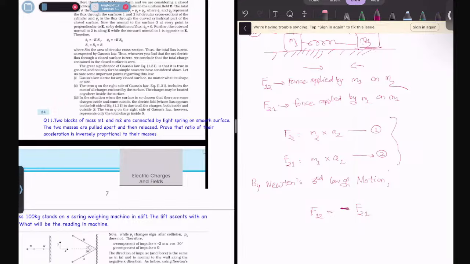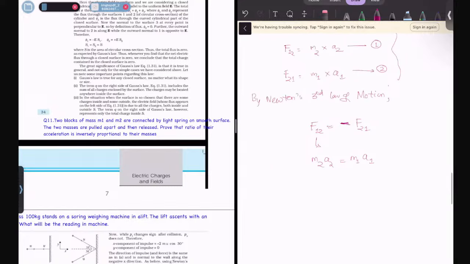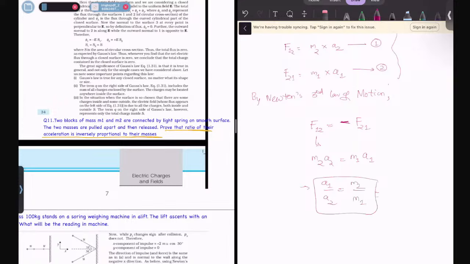That's why I'm applying a negative sign. So F12 we can write as M2A2 is equal to M1A1. They have asked us to prove that the ratio of their accelerations is inversely proportional to their masses. So the ratio of accelerations A1 upon A2 will be equal to M2 upon M1. This is what they had asked us to prove, right? A1 is inversely proportional to M1, A2 to M2.